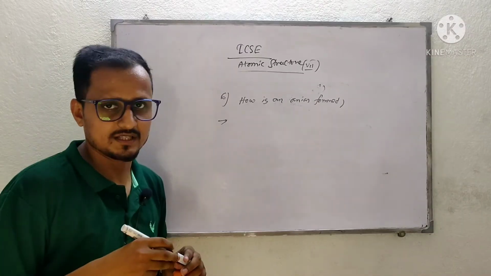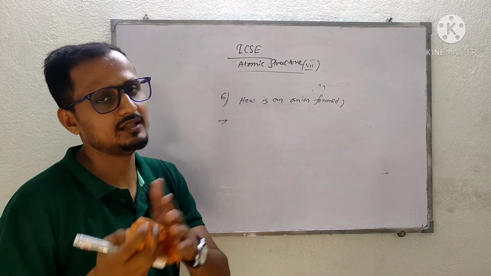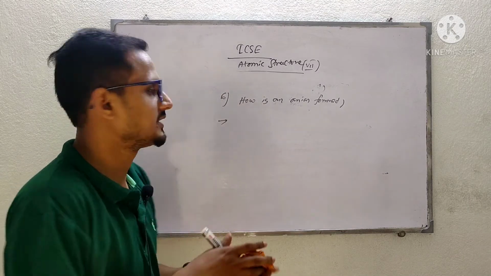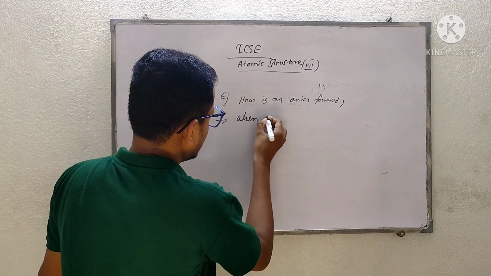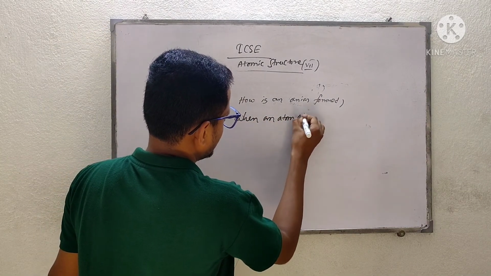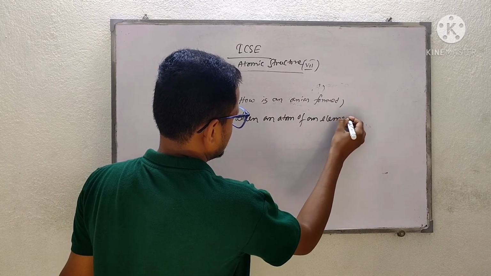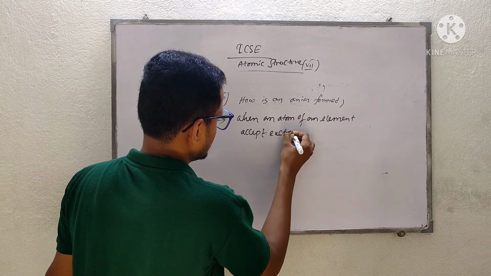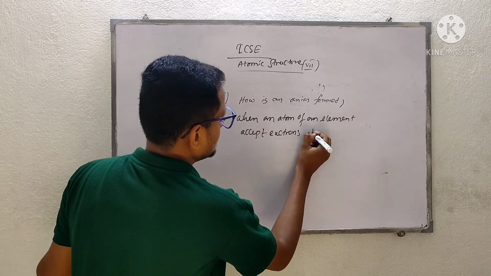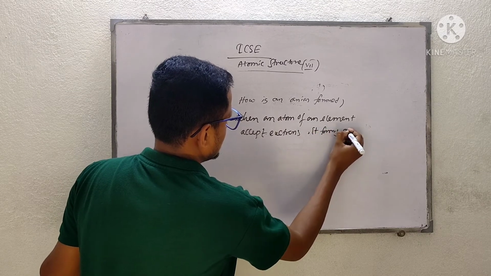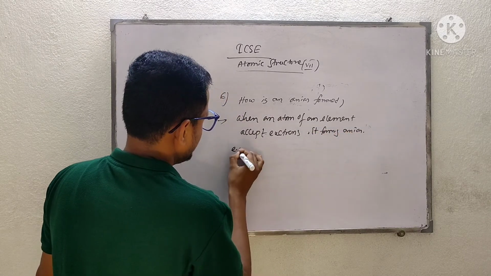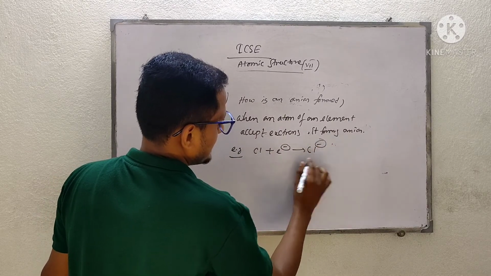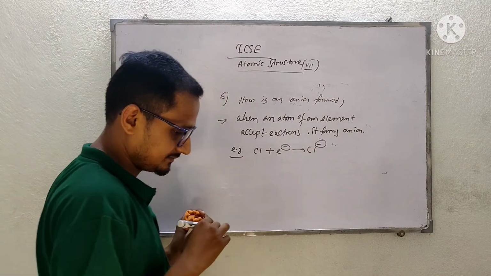When a non-metal accepts an electron, or when an atom of an element accepts electrons, it forms an ion. Like example, if chlorine accepts an electron, it will form Cl minus ion. Example is that.